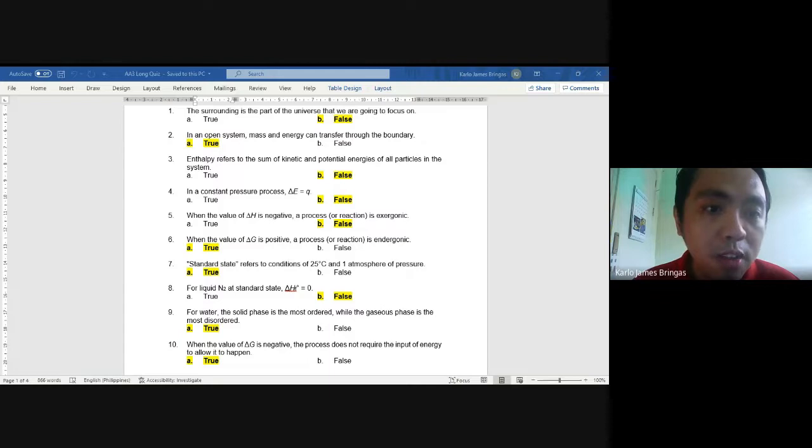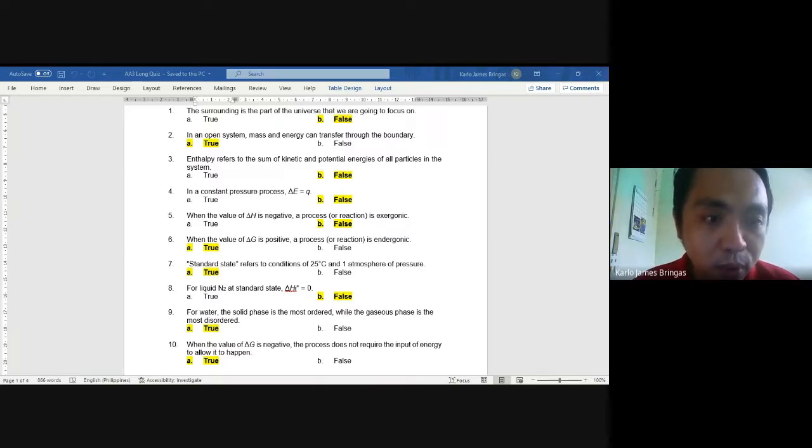In a constant pressure process, it is the change in the enthalpy that is equal to our Q, namely delta H is equal to QP. So delta E is equal to QP only if we have a constant volume process. That is to say, we have a process wherein our gas, if that makes up our system, is not allowed to expand or compress. So that's number four.